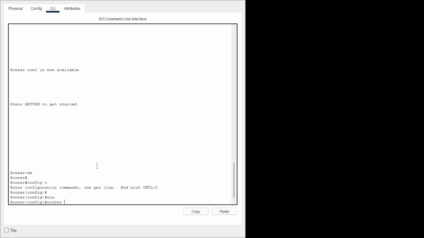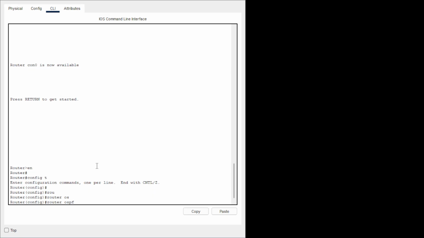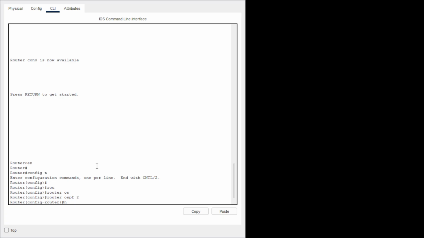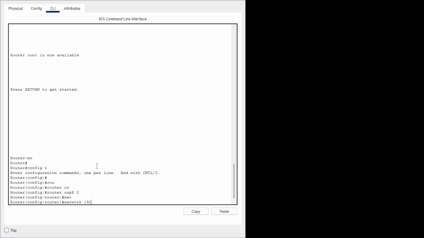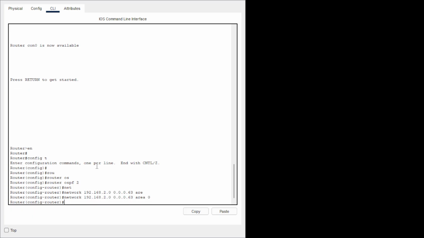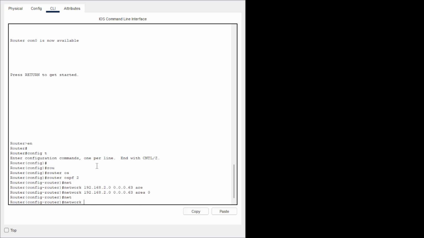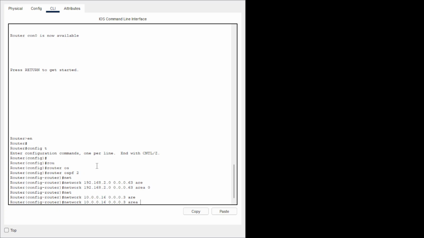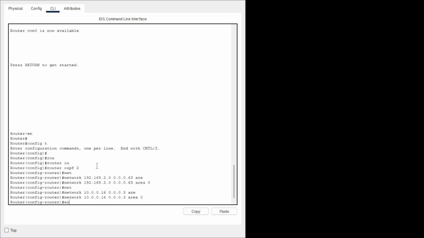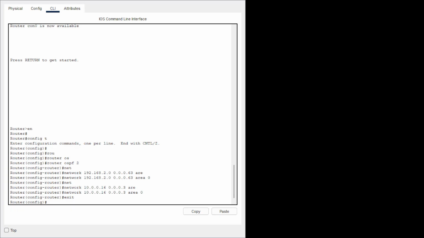First, the internal routing protocol is OSPF with process ID 2, and having network 192.168.2.0 wildcard 0.0.0.63 area 0. The second network is 10.0.0.16 with wildcard 0.0.0.3 area 0. So I am switching off the router 5 main screen.